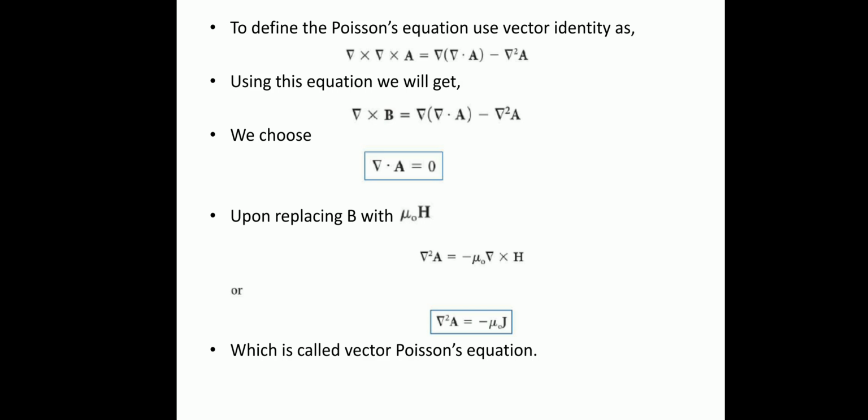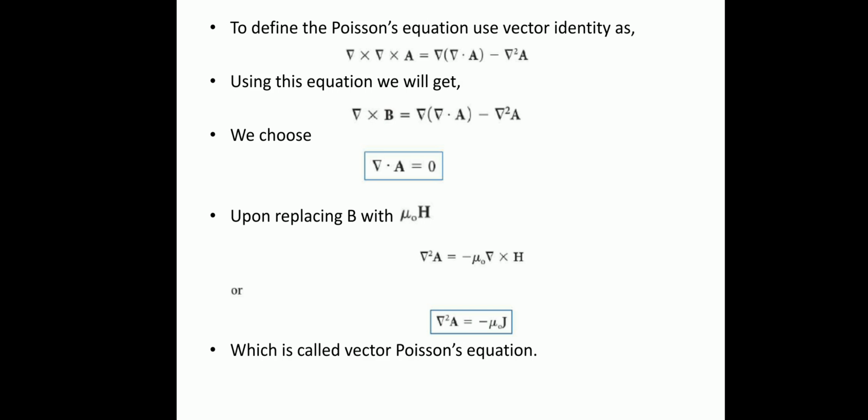For electric potential, we know that the Poisson equation is del square V equal to minus rho v by epsilon. Electric potential is a scalar quantity only, and it satisfies both the Laplace equation and Poisson's equation; the Laplace equation is for a charge free medium. But the magnetic potential consists of a scalar part and a vector part.